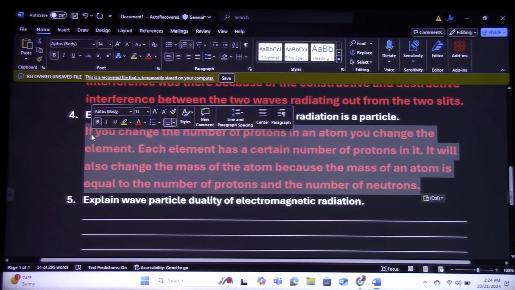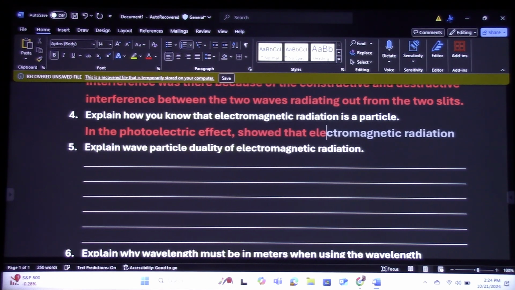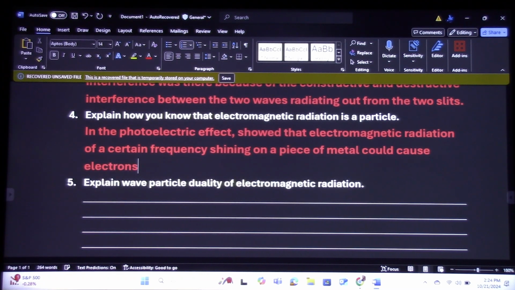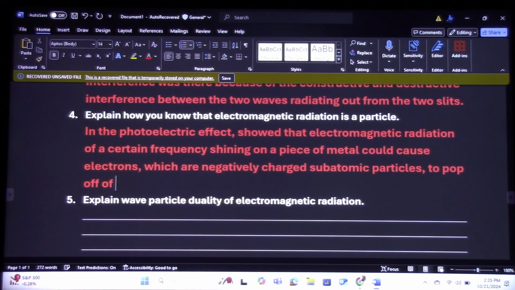In the photoelectric effect, it showed that electromagnetic radiation of a certain frequency shining on a piece of metal could cause electrons, which are negatively charged subatomic particles, to pop off of the metal.